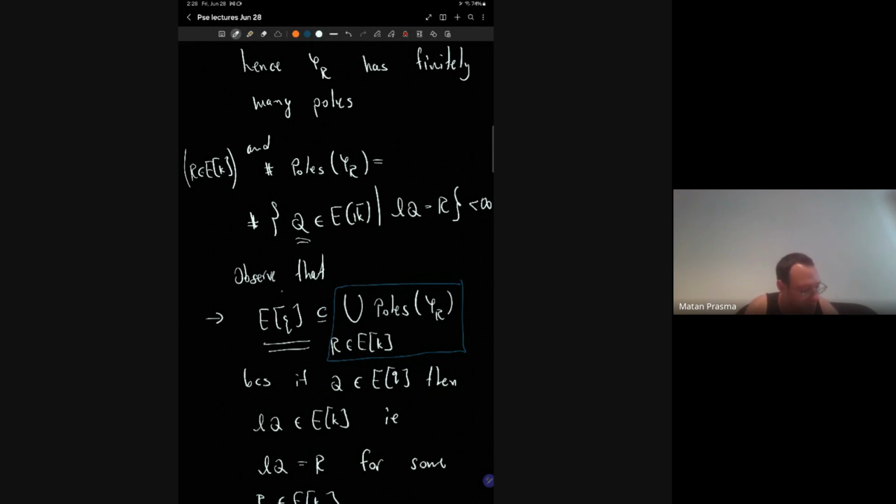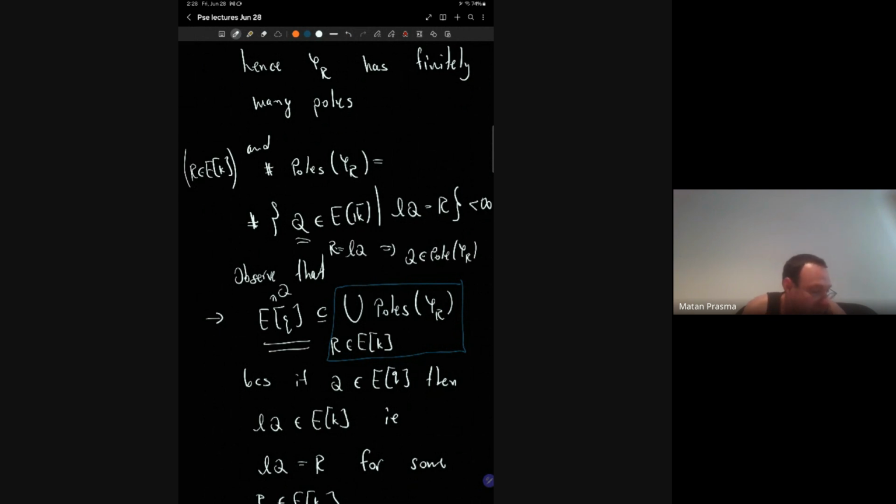Because if I take a point Q here, then I take LQ, I denote it as R. Then Q would be a pole of phi R, right?